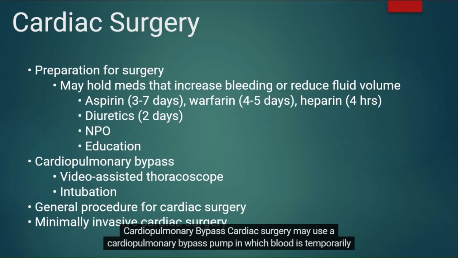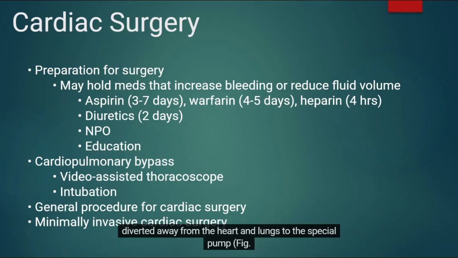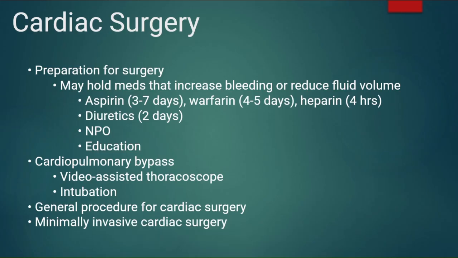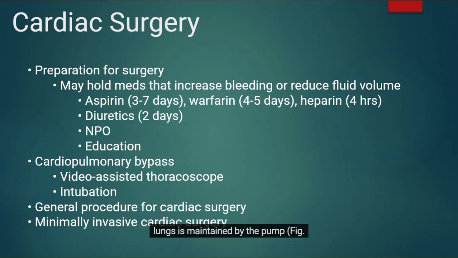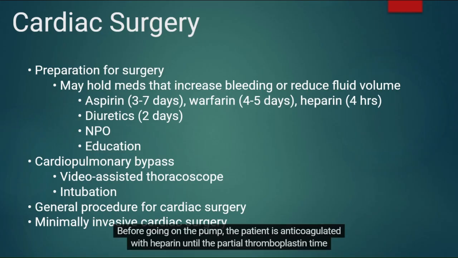Cardiopulmonary Bypass. Cardiac surgery may use a cardiopulmonary bypass pump in which blood is temporarily diverted away from the heart and lungs to the special pump, Fig. 21.12C. This diversion allows for a bloodless and motionless surgical field while the function of the heart and lungs is maintained by the pump, Fig. 21.13.